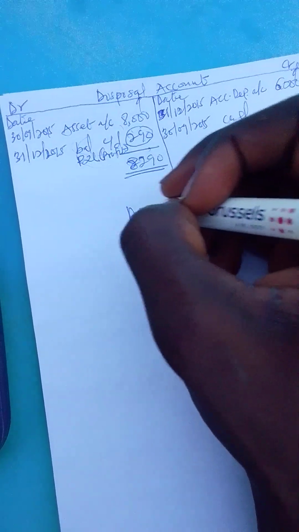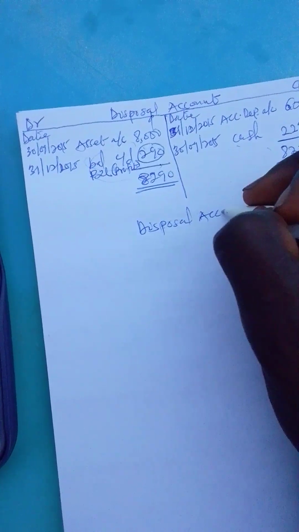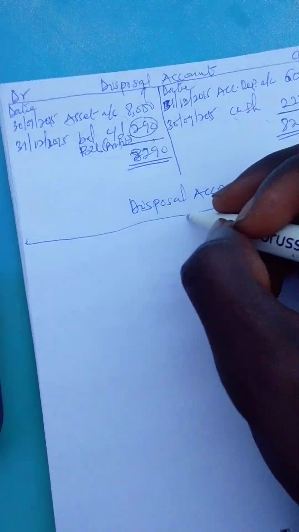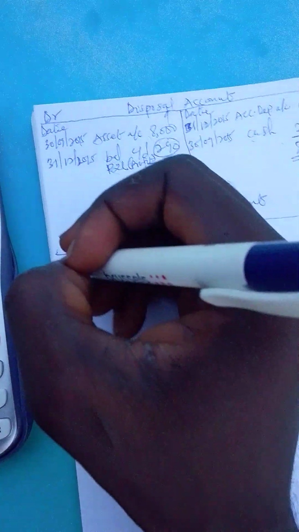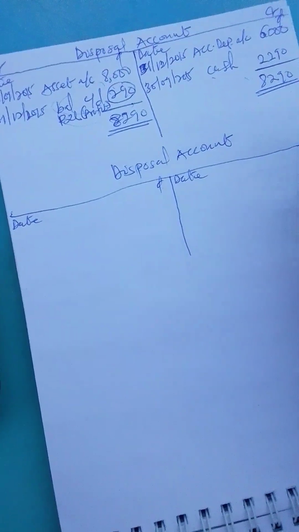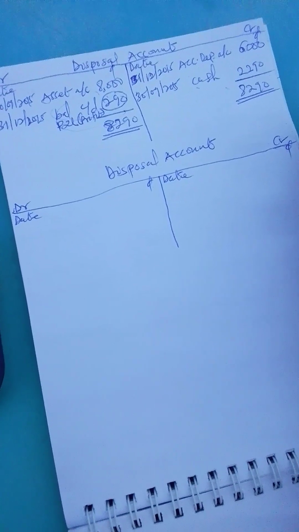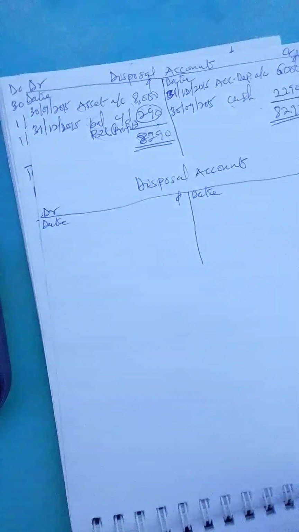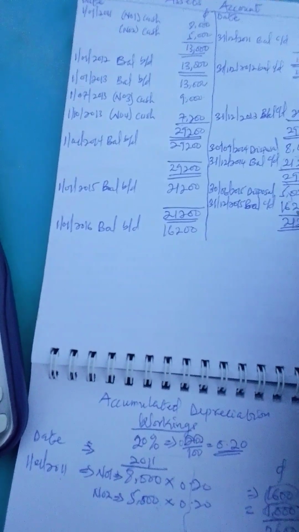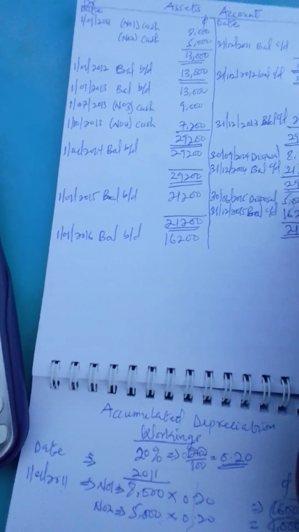So let's do the other asset, with the same approach. Your T-sign, your date, your DR, your CR. So you go to the asset account and check the second disposal. We credited the asset account in the name of what?